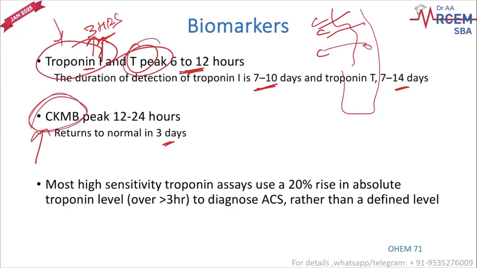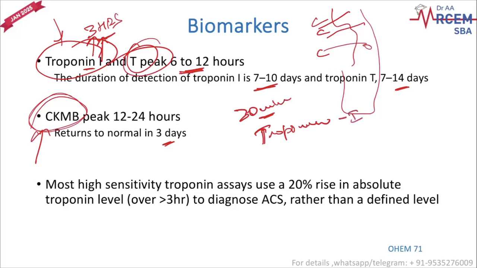What usually is done is there are set protocols in different hospitals or different trusts in the NHS, and they follow it. Usually, one of the protocols I'm mentioning here is you get a troponin I value at the time of presentation itself. For example, he is having ongoing chest pain since the last 30 minutes, no ST segment elevation changes are seen.